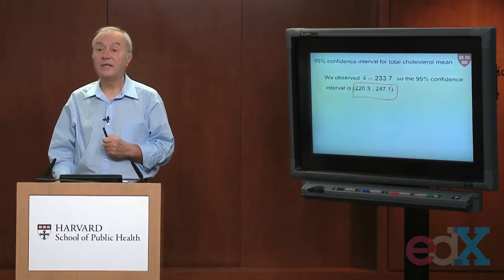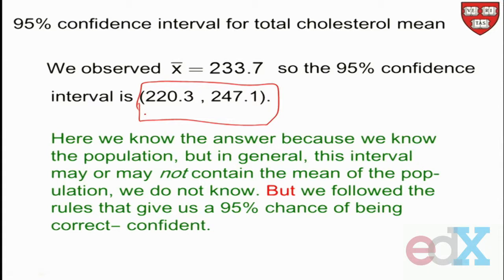All we can say is that you follow the rules that give us a 95% chance of success. Here we know the answer, but typically we follow the rules that give us a 95% chance of being correct. We're 95% confident. That's why we call it a 95% confidence interval.